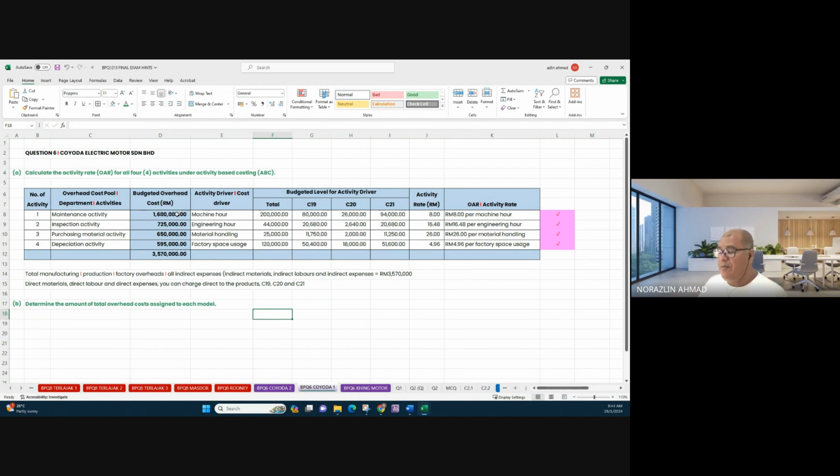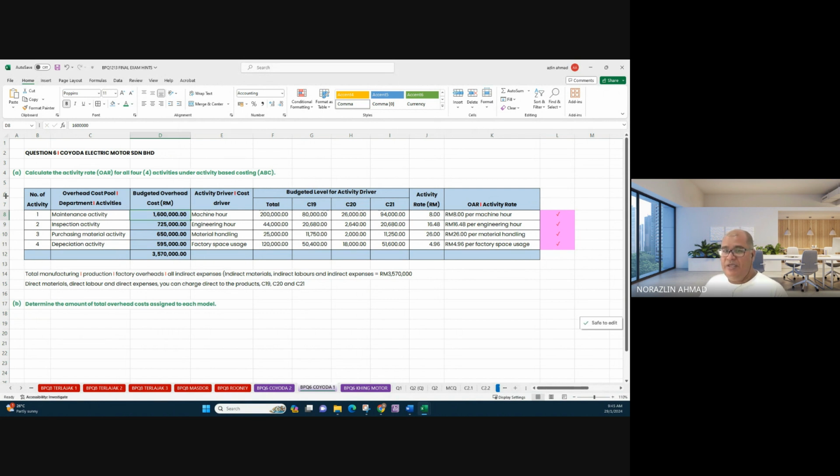Okay, from 1.6 million, how much can you charge to C19, how much can you charge to C20, and how much can you charge to C21. So we can do this one.